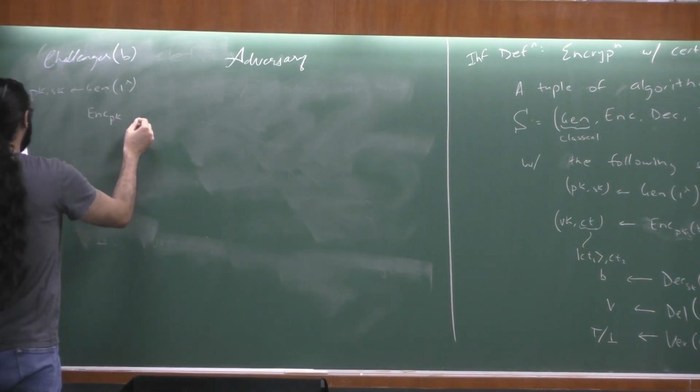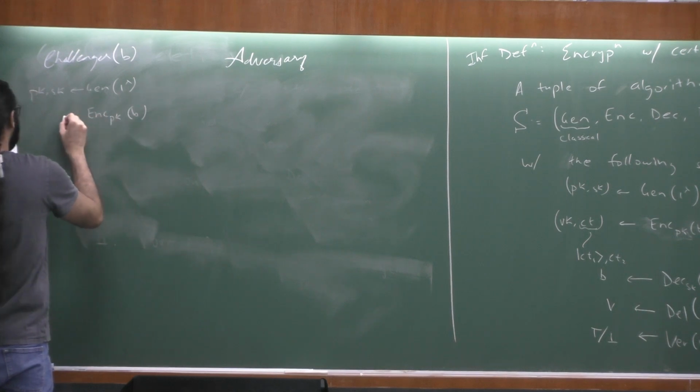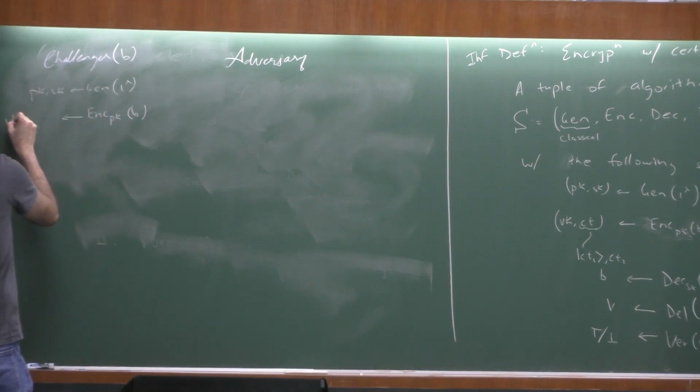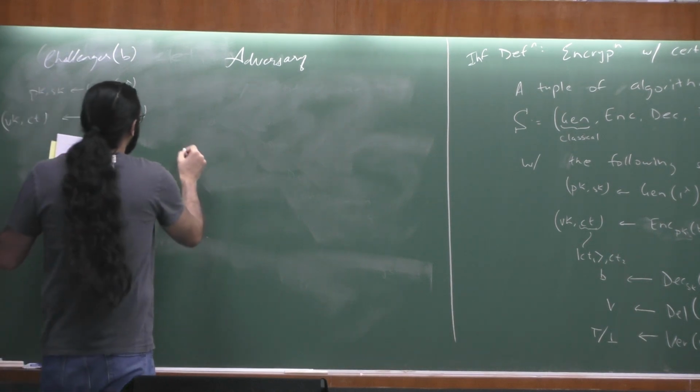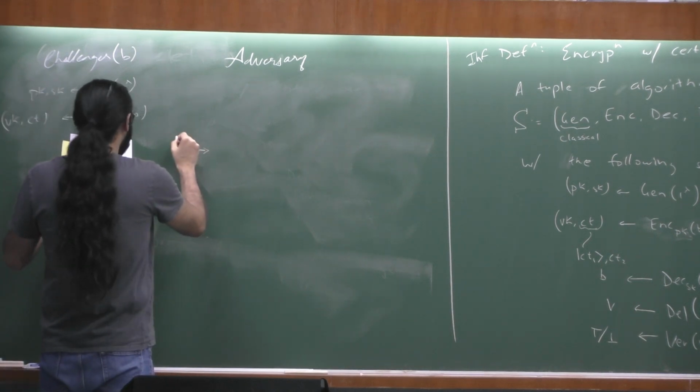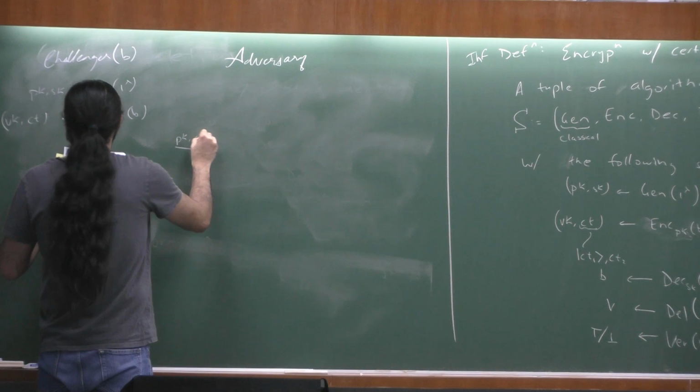So it runs this encryption on b and obtains a verification key and a ciphertext, right? And then this is sent to the adversary as PK, CT.